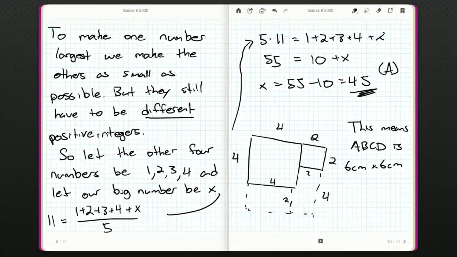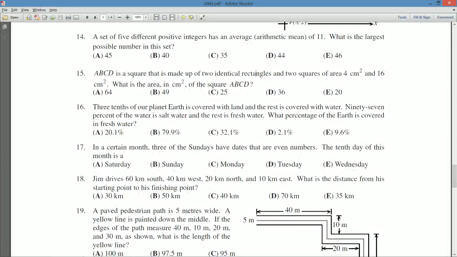Well, 6 centimeters by 6 centimeters, that's going to be 36 centimeters squared. So we get a final answer of 36 centimeters squared. Is that one of our possibilities? It absolutely is. It's D. So we bubble in D.